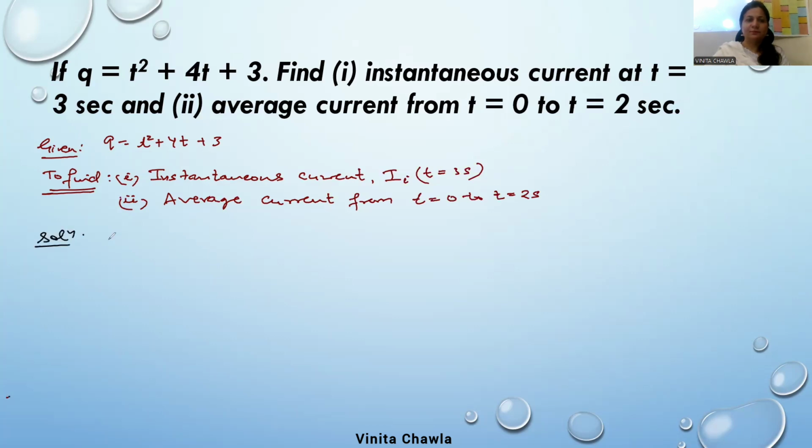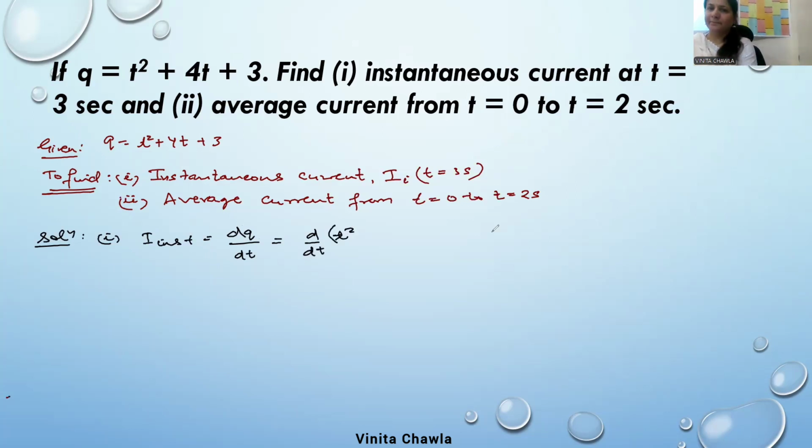Solution. How do we find instantaneous current? Instantaneous current is dq by dt. So let's differentiate this. t square plus 4t plus 3.